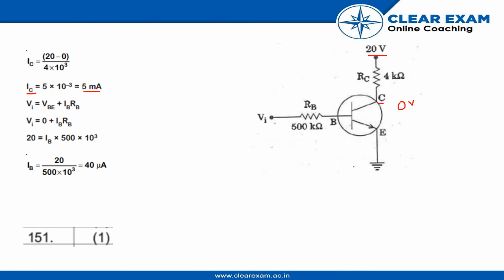we will be solving an equation that is Vi equals VBE plus IB RB.